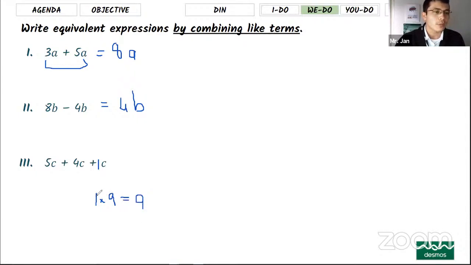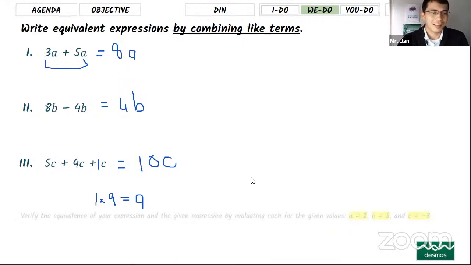That's why most of the time we don't put 1 in front. There is an invisible 1 in front of the variable. Now everybody correct your answers. Yes, it is 10c. I apologize, my 0 is not great.